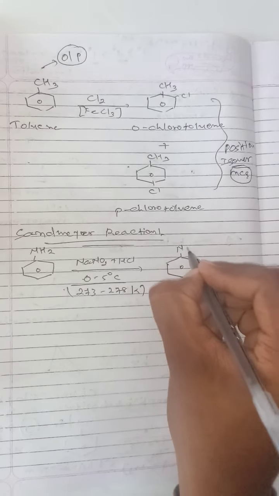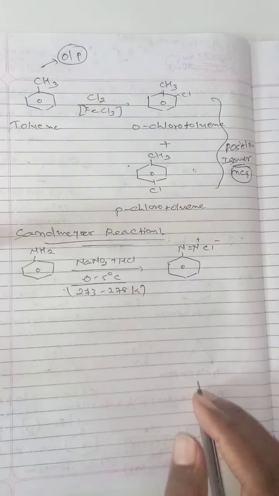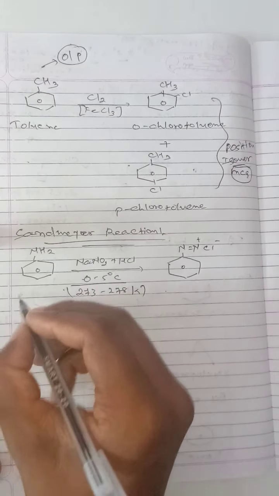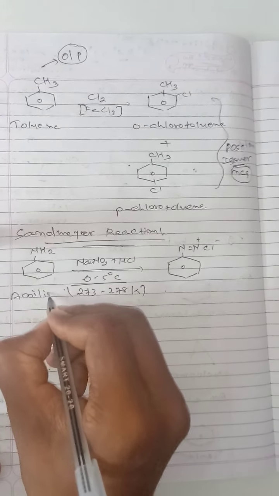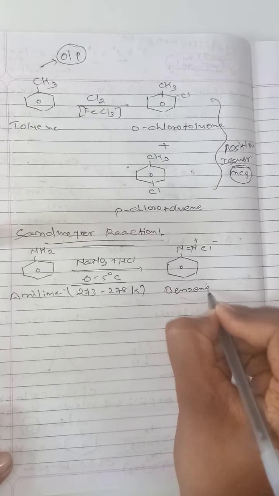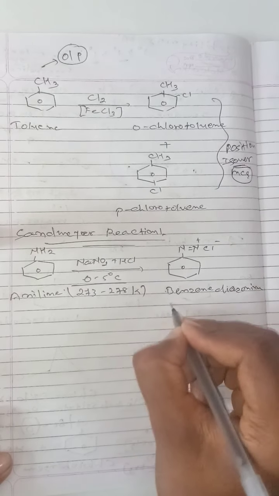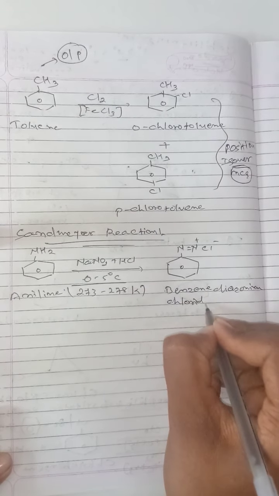You will get benzene diazonium chloride. It is called aniline, and this is benzene diazonium chloride.